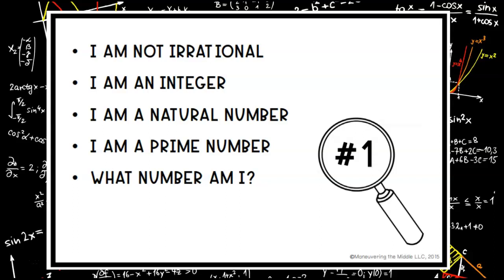It is an integer. It is a natural number. It is a prime number. Out of those 10 values that you just wrote down, write down which number this one is. You can press pause as long as you need to.